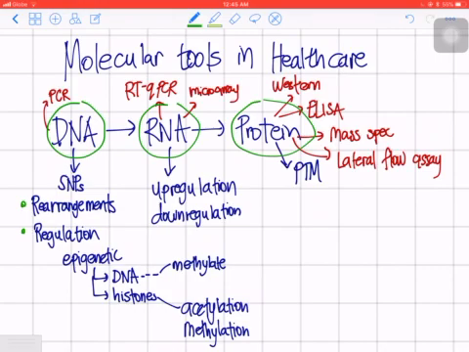Now, problems with regulation are typically epigenetic in nature, okay? And since they're epigenetic in nature, it means that you don't really change the sequence of the DNA or rearrange your sequence of DNA. What can happen here is you can have DNA methylation.